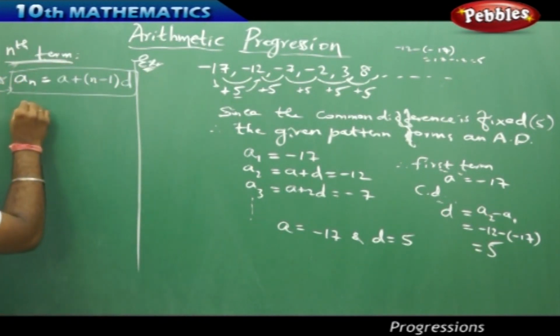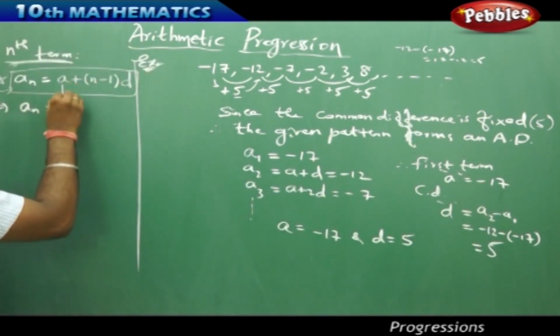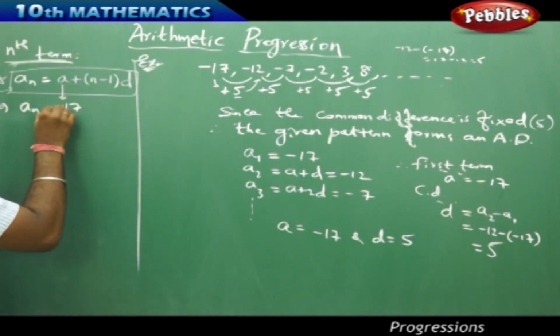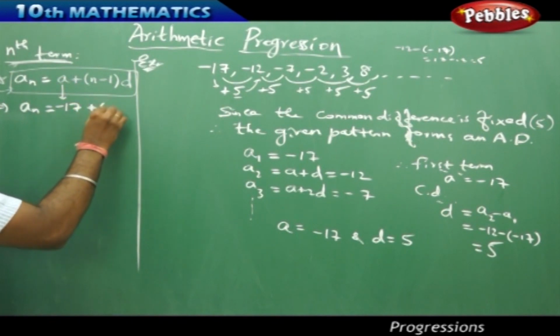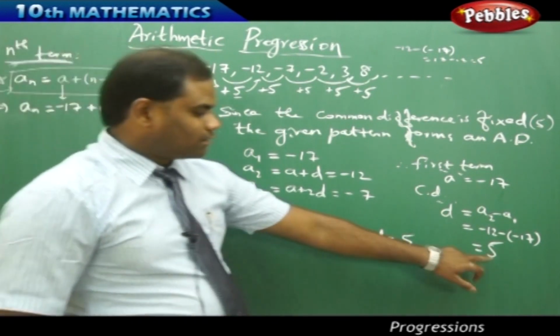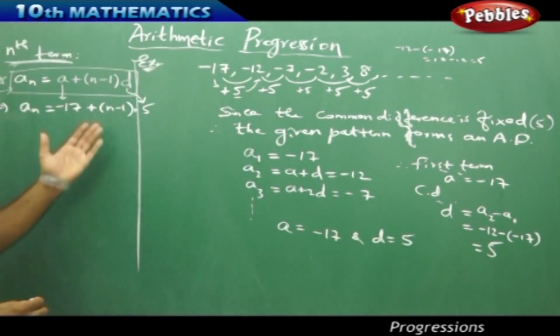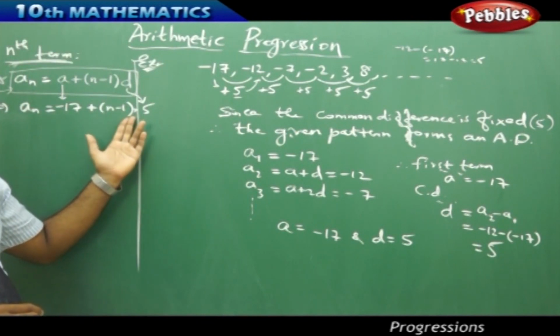So let's see how the nth term is obtained. When I substitute, a is negative 17, which I substitute in place of a, plus n minus 1 times d, which is 5, which I substitute in place of d. Because we don't know n, it stays as n.